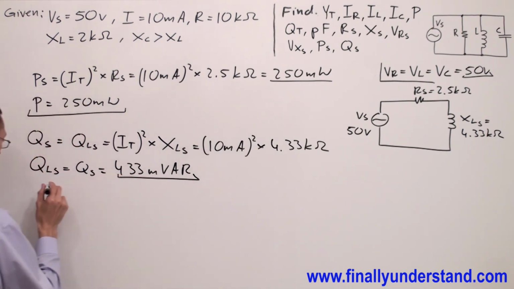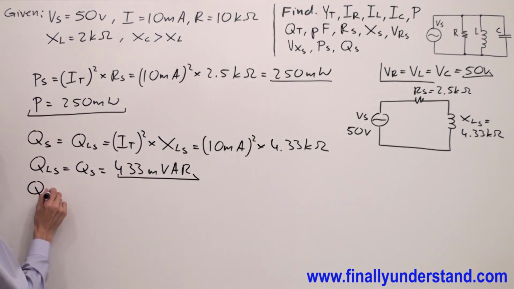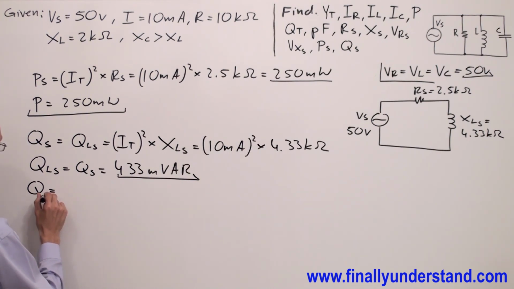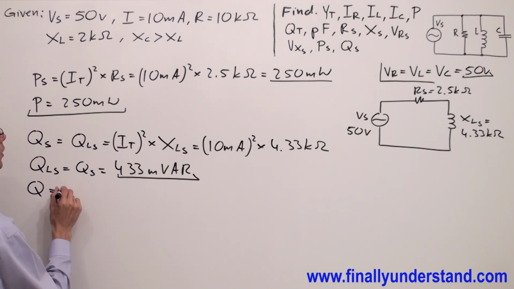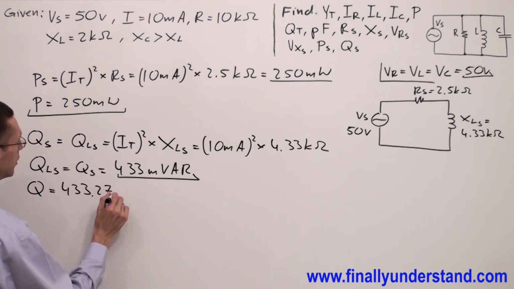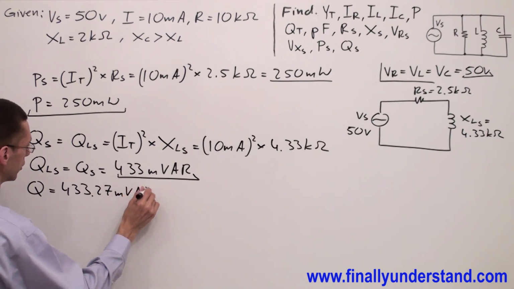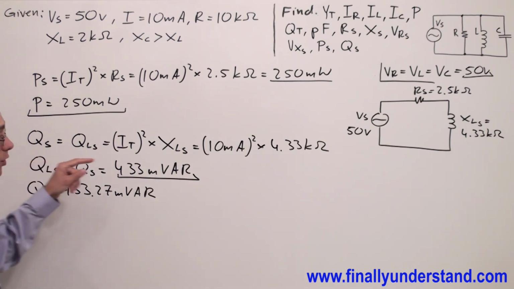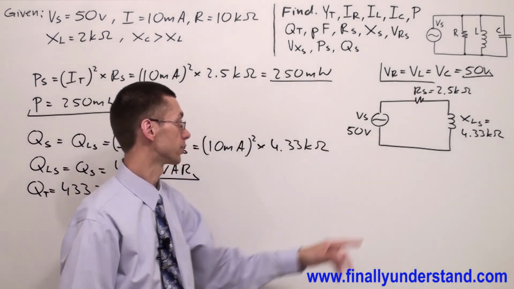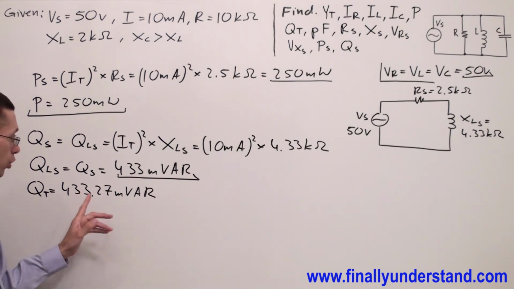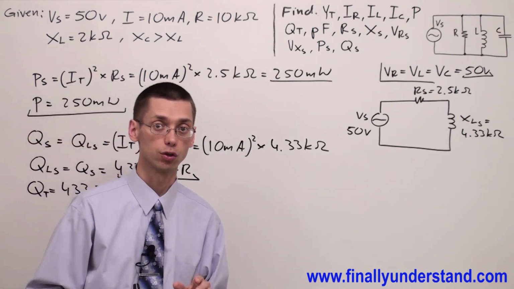Let me remind you that the reactive power in the parallel circuit was equal to 433.27 millivolt ampere reactive. We called that Q total. So Q total in the series equivalent circuit is our Q L S, and as you can see, these values are very close, so it means that we solved the problem correctly.